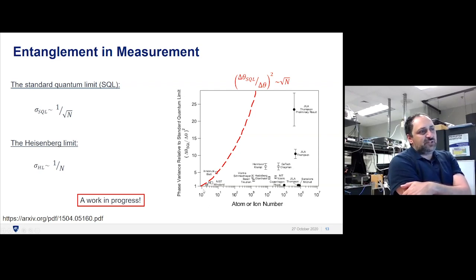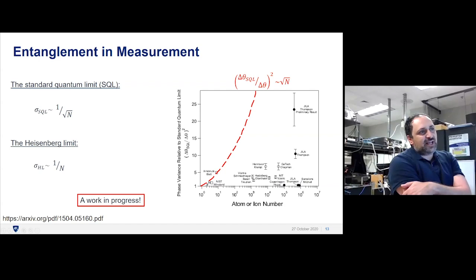And now here is a log plot of the number of atoms or ions involved. And you can see for low numbers that they're able to work at that Heisenberg limit.